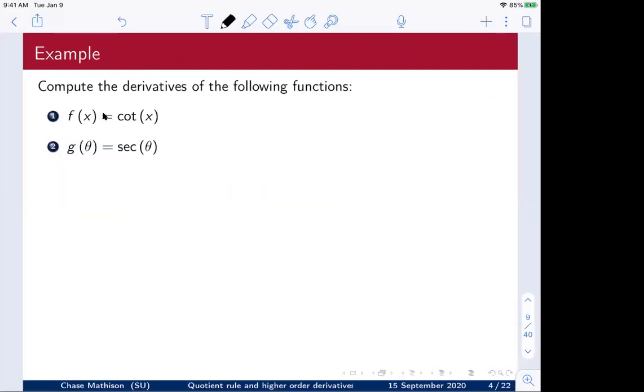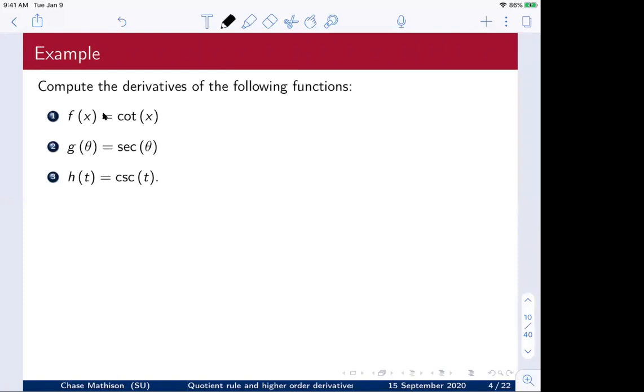Then we're going to find the derivative with respect to theta. Someone asked me in office hours, there was a homework problem with t's instead of x's. I've only been using x's, but the independent variable can be anything we want, and nothing changes as far as the mechanics of differentiation. So we're going to find the derivative with respect to theta of the secant of theta.